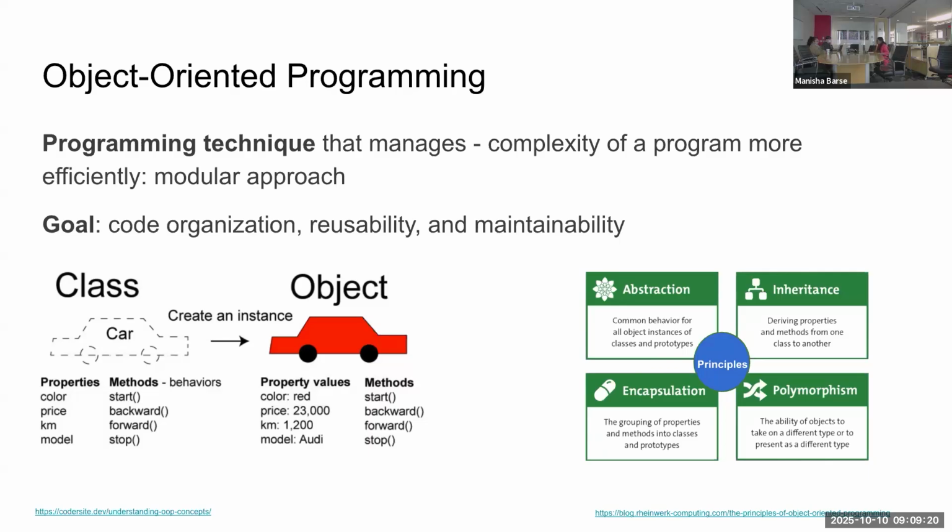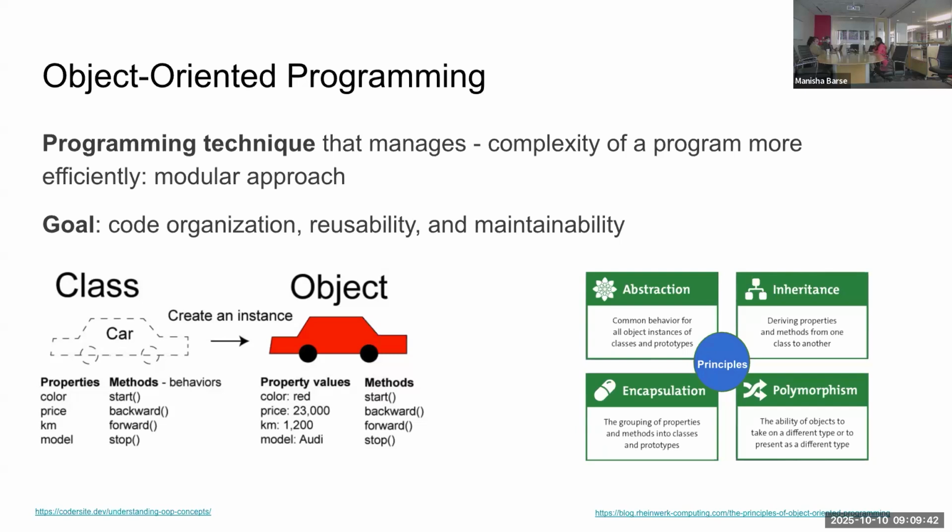Along with the class and the object being the major components of object-oriented programming, there are four major principles that it works on. The first is abstraction: we just want to know the behavior of the object instances for all the classes and the prototypes.